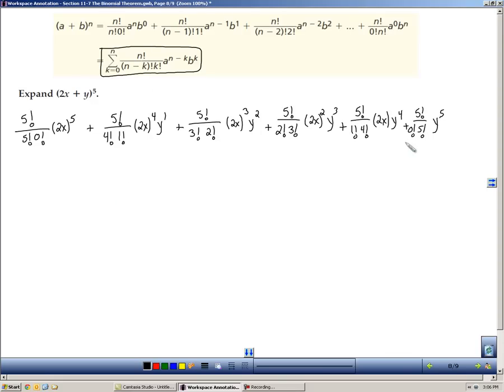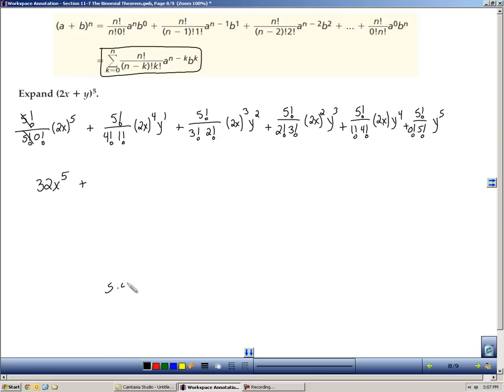Now let's expand the whole thing out and see what it finally equals. Well, 5 factorial over 5 factorial will cancel, leaving just a 1. So this is really 2x to the 5th power. 2 to the 5th power is 32 x to the 5th. In this one, 5 factorial over 4 factorial.